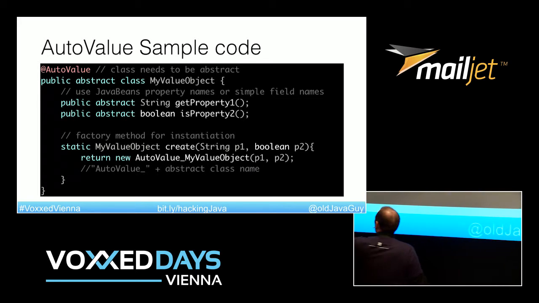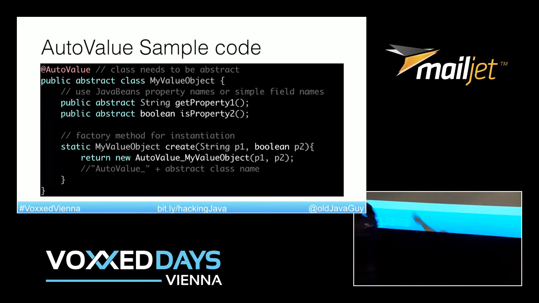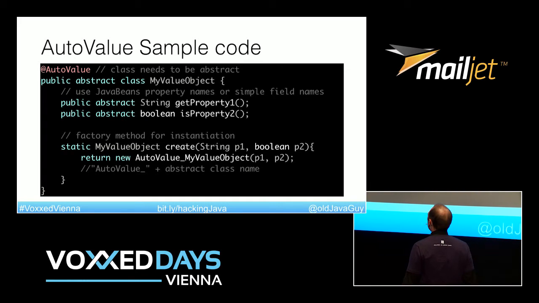So you mark your abstract class as AutoValue. Google AutoValue will generate a class that's called AutoValue_ plus your class name, and it will generate a constructor that instantiates the properties in this order. And the constructor does null checks, for example.